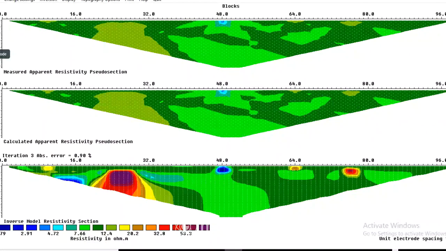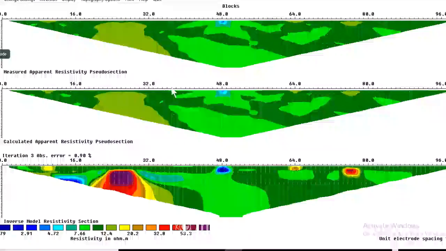So you should not interpret by using the pseudo section alone; the pseudo section only shows the quality of the data as well as the direction of the high and low resistivity. It shows the direction and the quality, not the value.